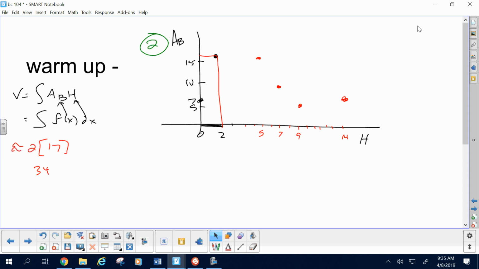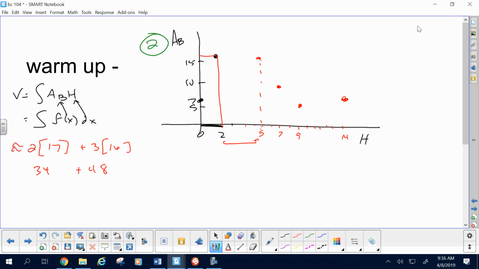All right, so the next one then is a delta H of going from 2 to 5, so 3, and we use the right edge, which is at a cross-sectional area of 16, so the volume there is 48, and again, that would be like if we took this as if this was always the case for that region, and sum that, okay?